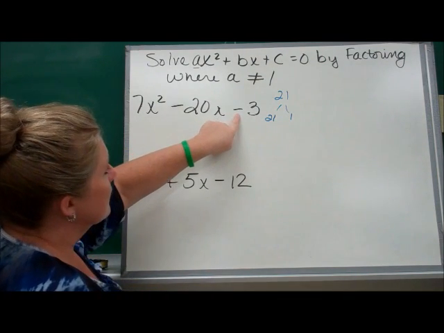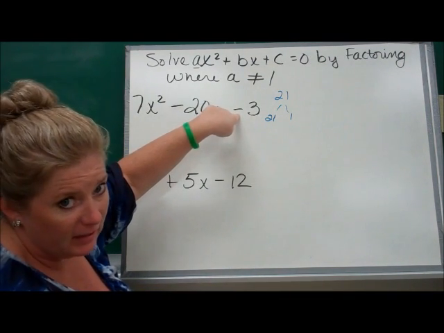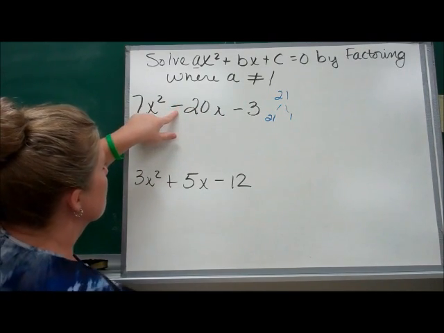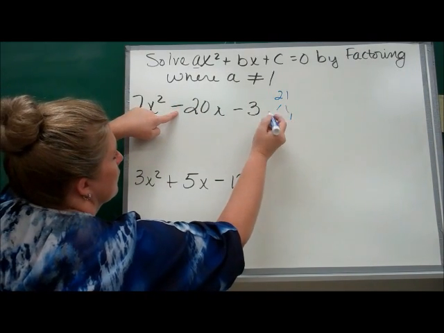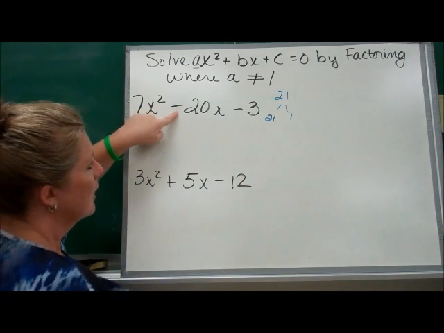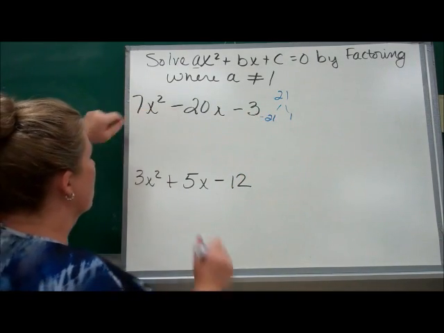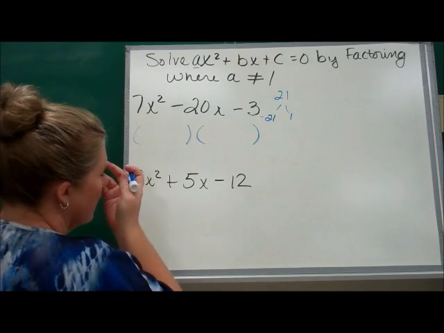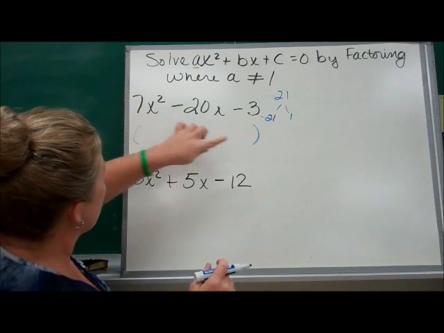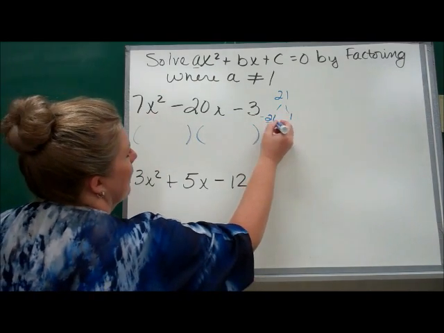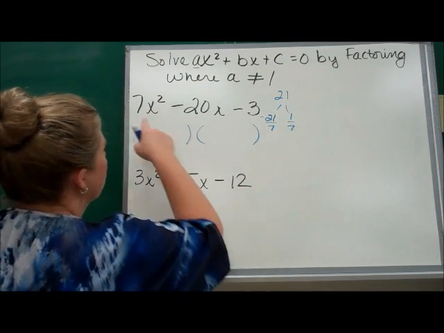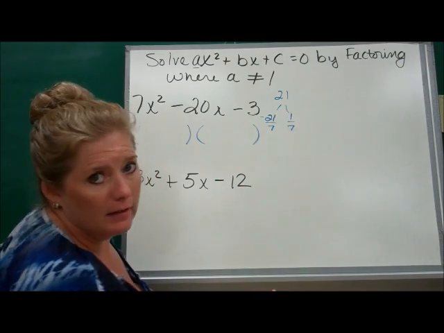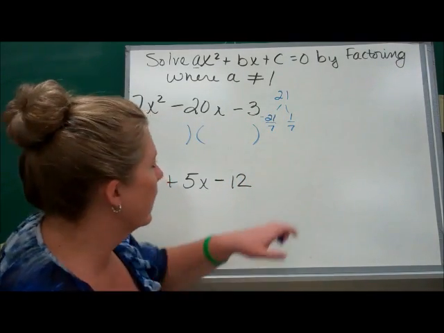The third term is being subtracted, so we have a sign issue that we have to deal with here. We have a negative here. 21 is greater than 1, so the 21 is going to get the negative. Now, to find out our factors, we're going to divide by 7, the first term, and simplify anything that can be simplified.